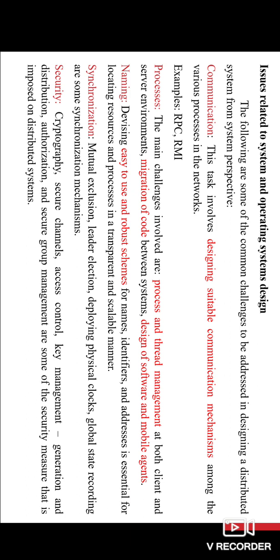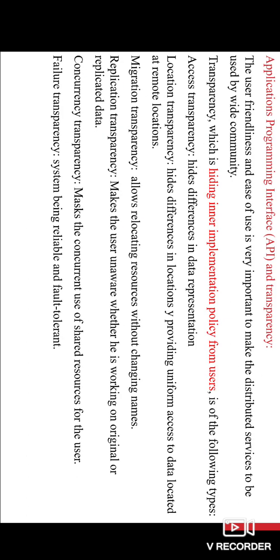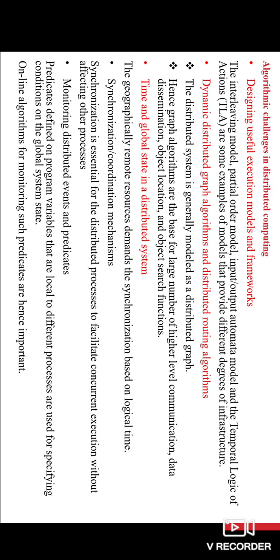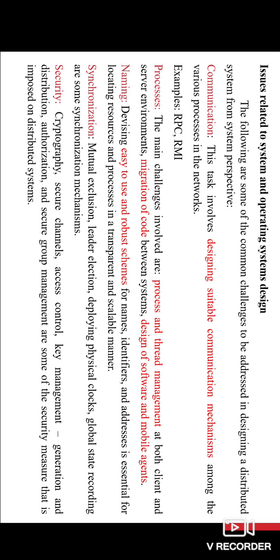So here we have so many challenges, but we are going to concentrate only on 6 challenges under this category. So the first one is communication. So this task involves how to design a suitable communication mechanism. Since in distributed system we have multiple processes, the multiple computers are connected with one another.